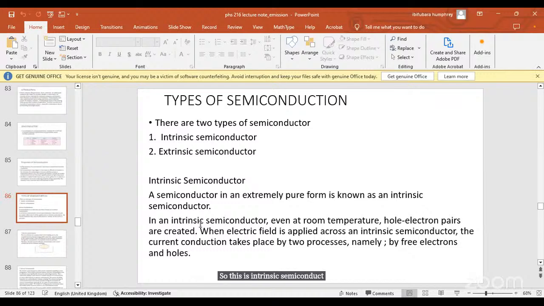In intrinsic semiconductor, the charge carriers, remember that in a semiconductor, we have both positive and negative charge carriers.